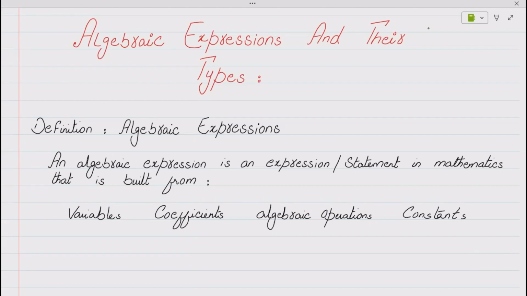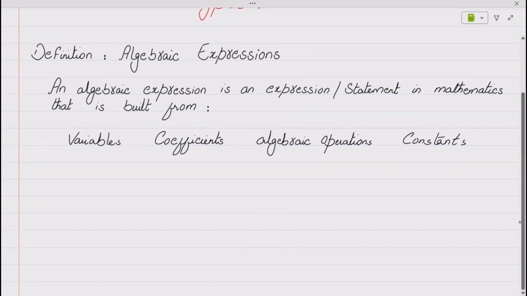Okay, so these are four objects or building blocks from which you can make an algebraic expression in mathematics. So let's learn with examples what they are.